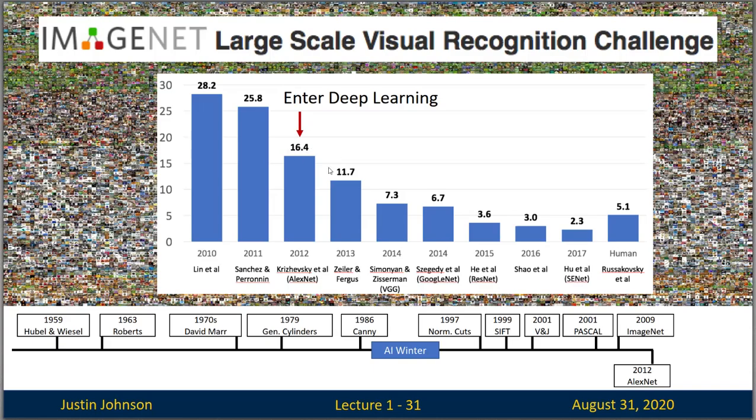And you can see that in this bar chart here, where a lower number is better, starting from 2012, the results in this ImageNet challenge have become better and better every year. And approximately in 2014, the performance of deep learning algorithms was already better than human capabilities in image recognition.